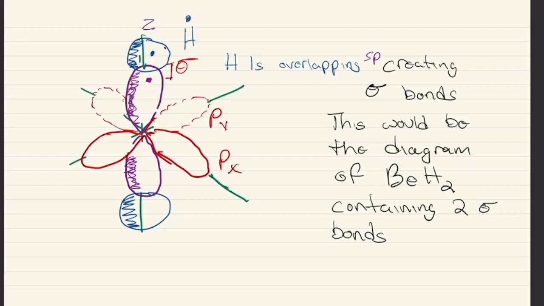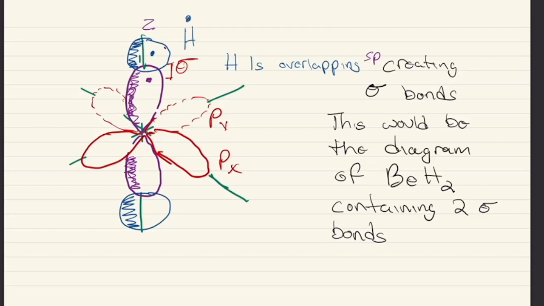The py and px in this case are left over. We do not have to worry about them interacting in this particular molecule, but we will see in future molecules that these can and will interact when we have to deal with double and triply bonded molecules, okay?